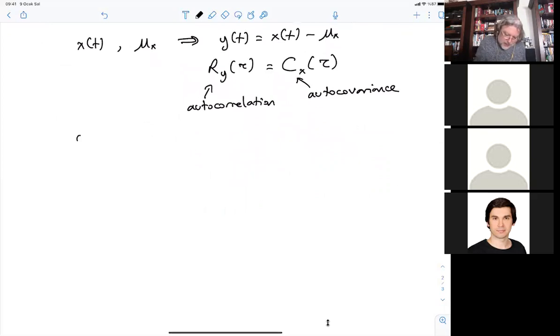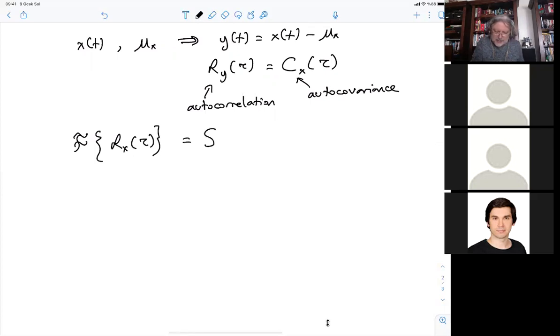If you take the Fourier transform of Rx of tau, where tau is like the time t, so Rx of tau is like a time signal where time is replaced by the time difference tau, but it's a function, and you can take the Fourier transform of that function. What you get is the so-called power spectral density, Sxx of f.